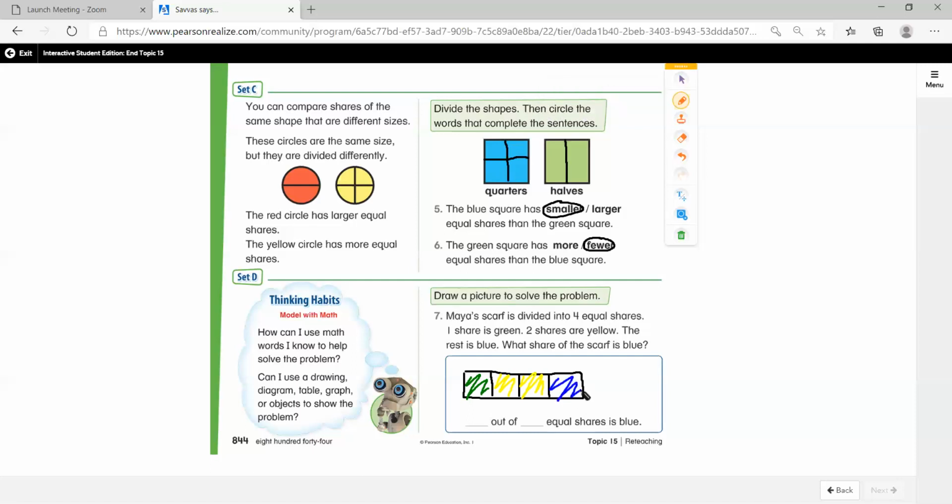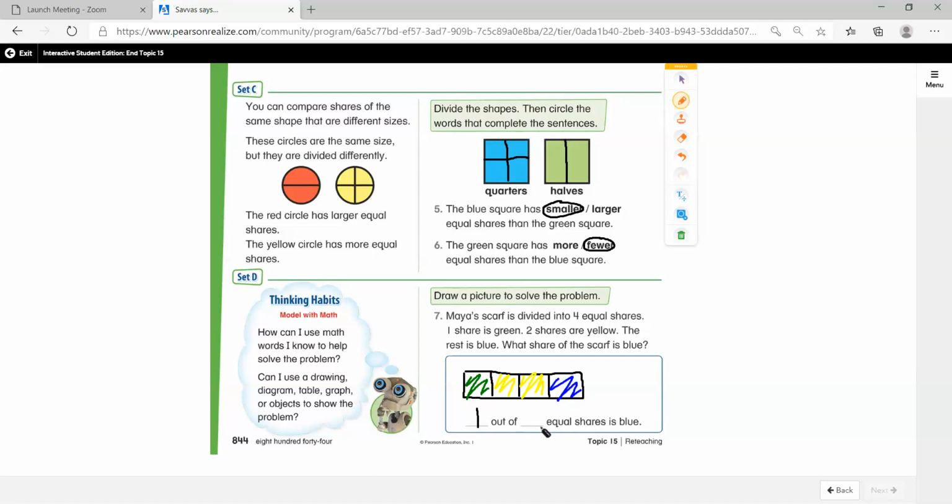Now, my question is asking what share of the scarf is blue? So I'm going to count my blue pieces. I have only 1 blue share. So that's my first number, because the first number wants to tell me how many are blue out of blank equal shares.